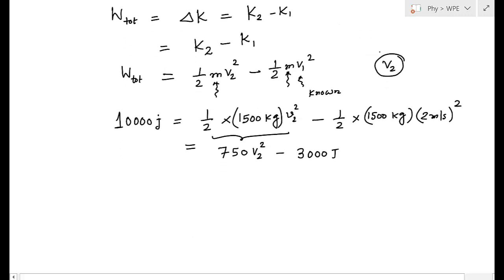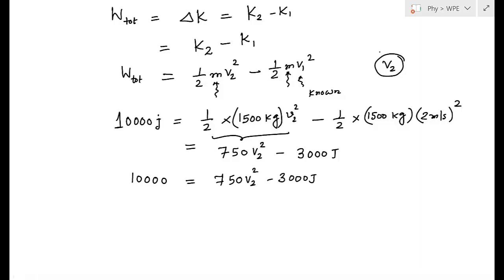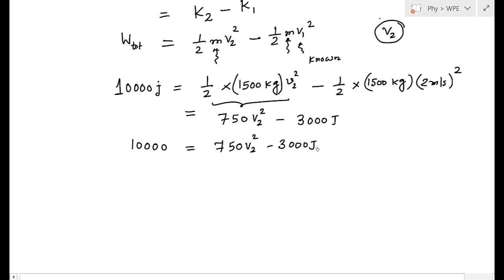So now using this we can calculate V2. I have 10,000, all are in joule, so we can ignore the joule, equal to 750 V2 square minus 3000 joule. So what we can do is take this to the other side, so I can write 750 V2 square equals 13,000.